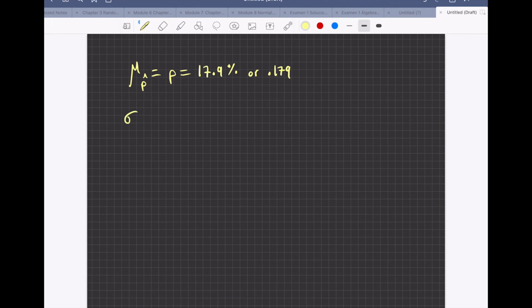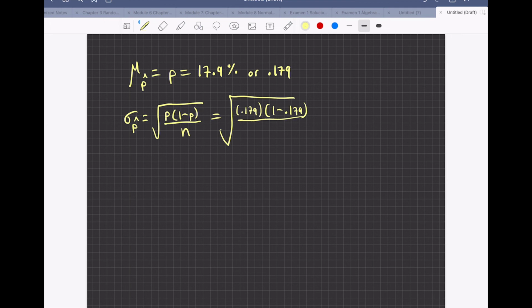And the standard deviation is given by the next formula: the square root of P times 1 minus P, divided by n. In our example, the square root of 0.179 times 1 minus 0.179, divided by 1,000.